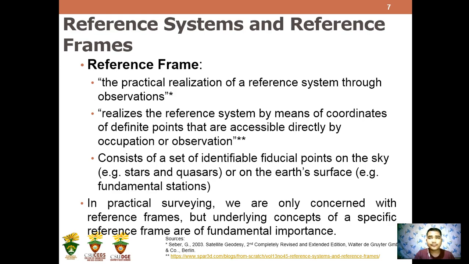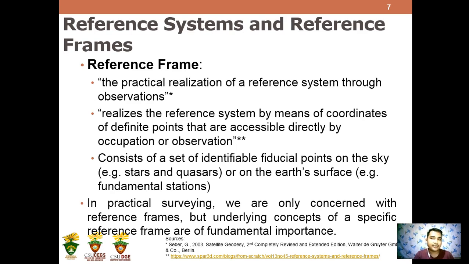One simple analogy is this: the reference system is the prescription, like when a family member or loved one gets sick. The reference system is the prescription of the doctor.